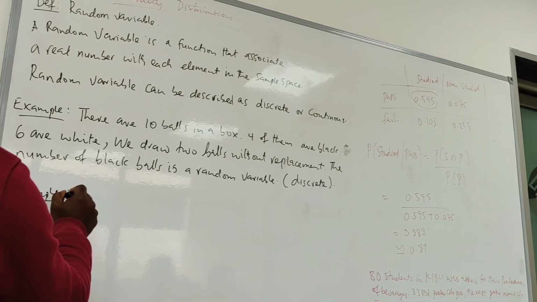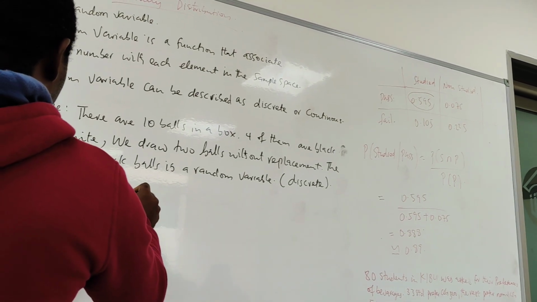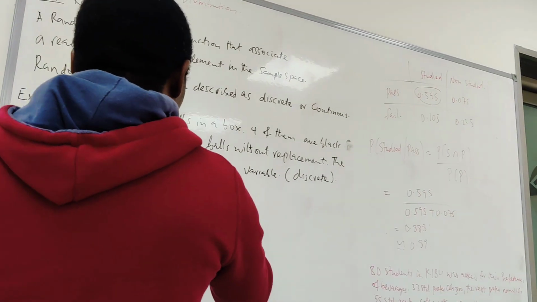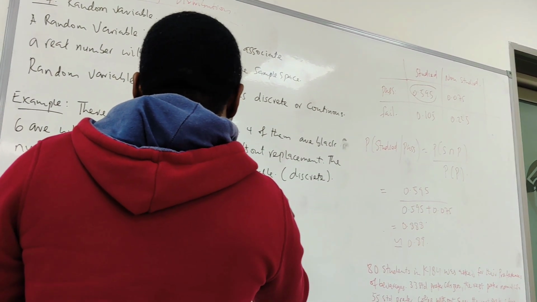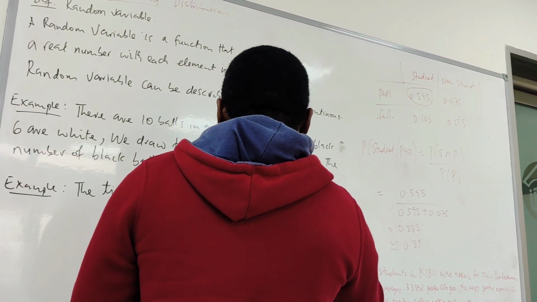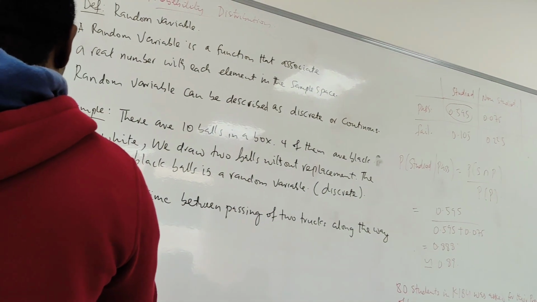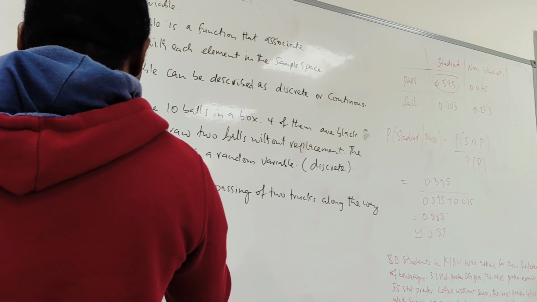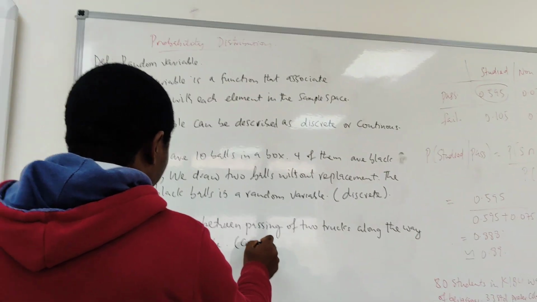Example: the time between passing of two trucks along the way is a random variable, and this is continuous.